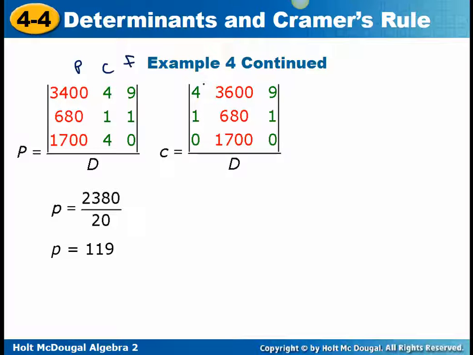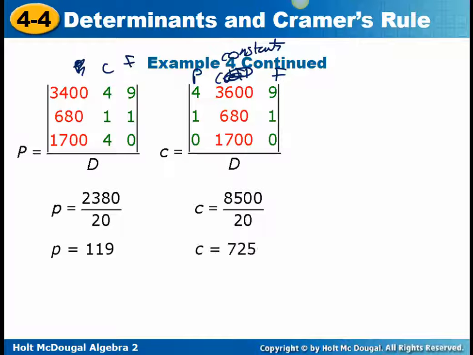And then for C, we keep our P's. We replace our middle column, the C column, with your constants, sorry, the right side. And then you keep your F's. And you find the determinant of that using technology, and you divide, and you get what C is equal to.